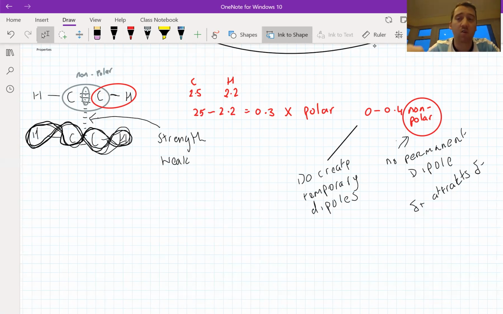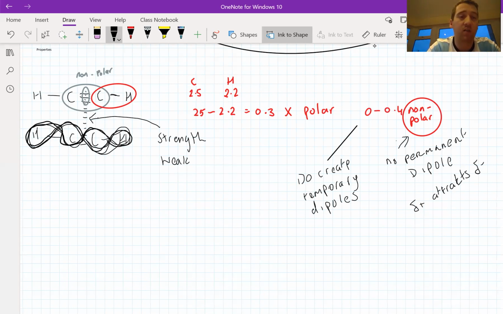These electrons are moving really quickly, which means wherever they are is very slightly negative for a fraction of a second, and an area where they're not is very slightly positive. But it only exists for a tiny fraction of a second because the electron has already moved somewhere else a second later.